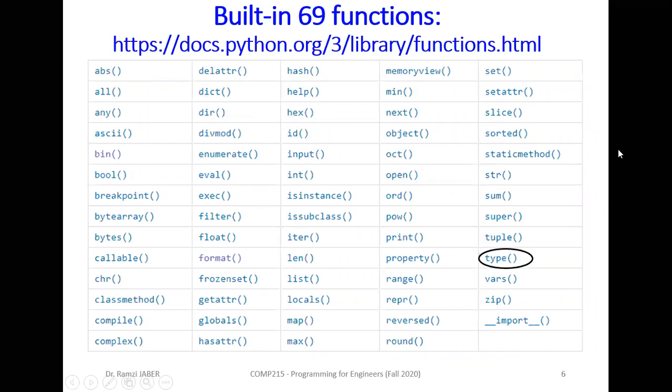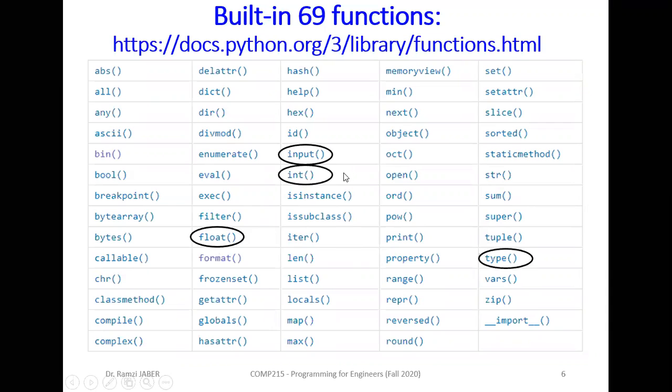For now, we took the type function, a built-in function that gives us the type of the variable, integer or float or character. Also, we did int conversion, integer conversion, and float conversion to convert from character or integer to float.